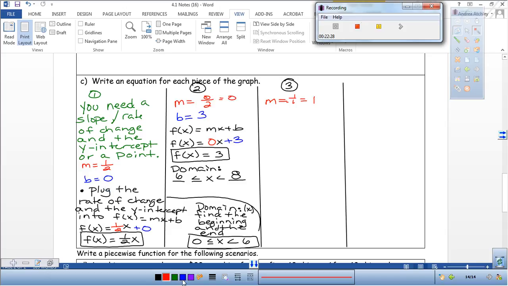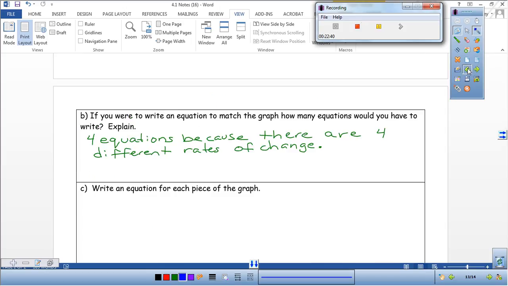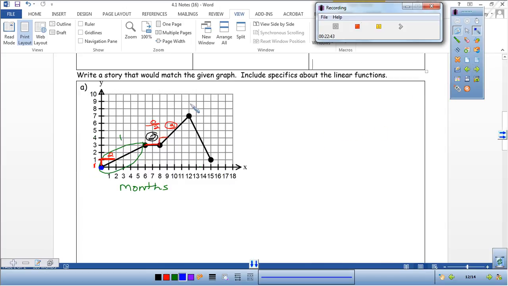Okay, the next step is the y-intercept. So we're going to try and find the y-intercept. Can I see where it crosses the y-intercept? Not really. It's going to be kind of hard to guess. Okay, so we can't use the y-intercept, so we need a point in this case.